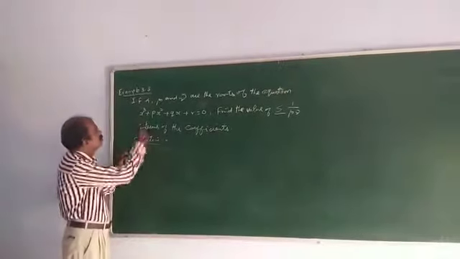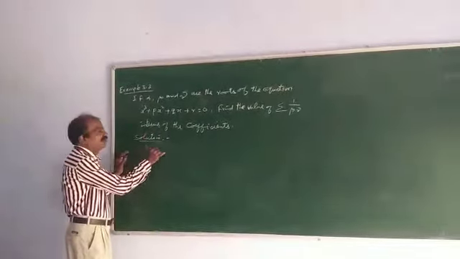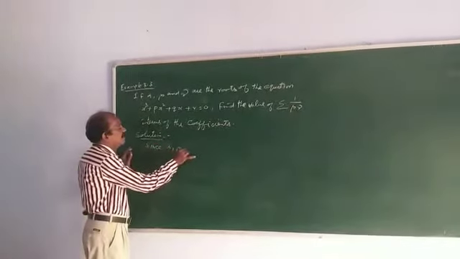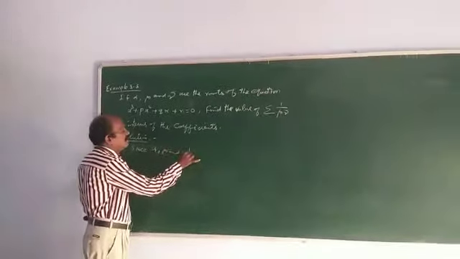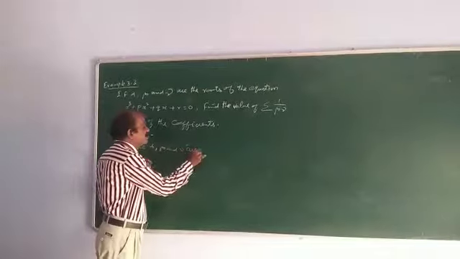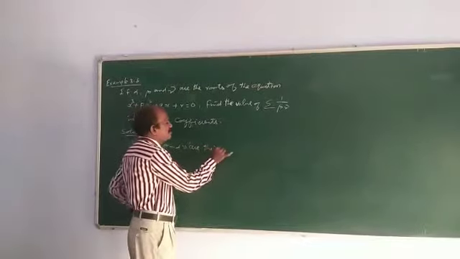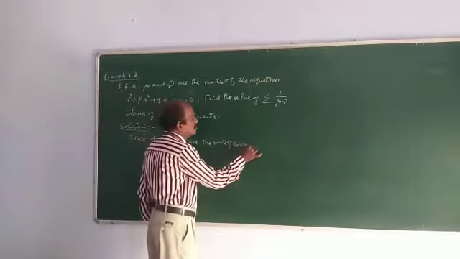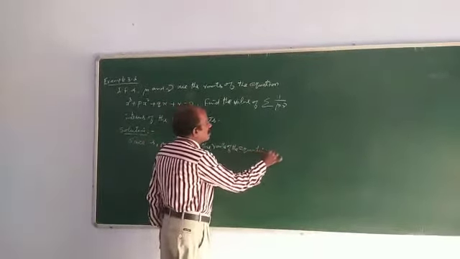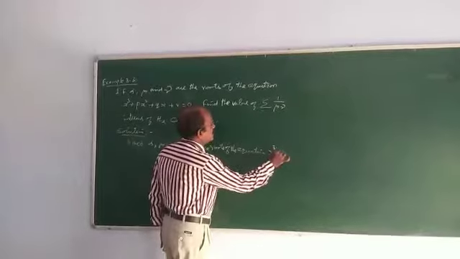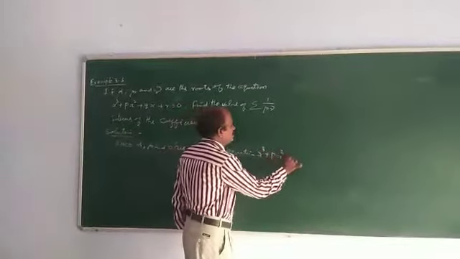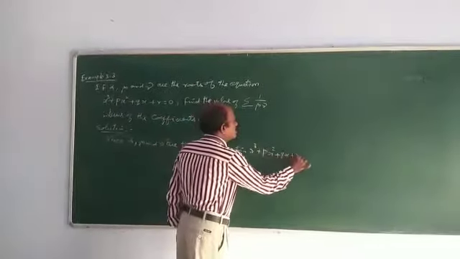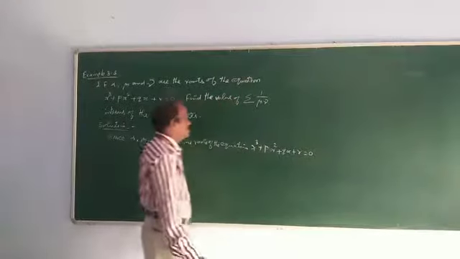Solution: here since alpha, beta and gamma are the roots of this equation, x cubed plus px squared plus qx plus r equal to 0.